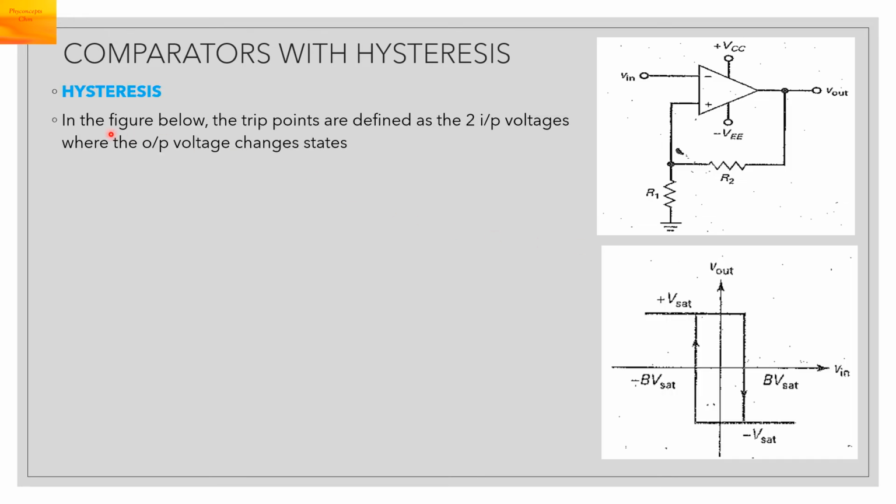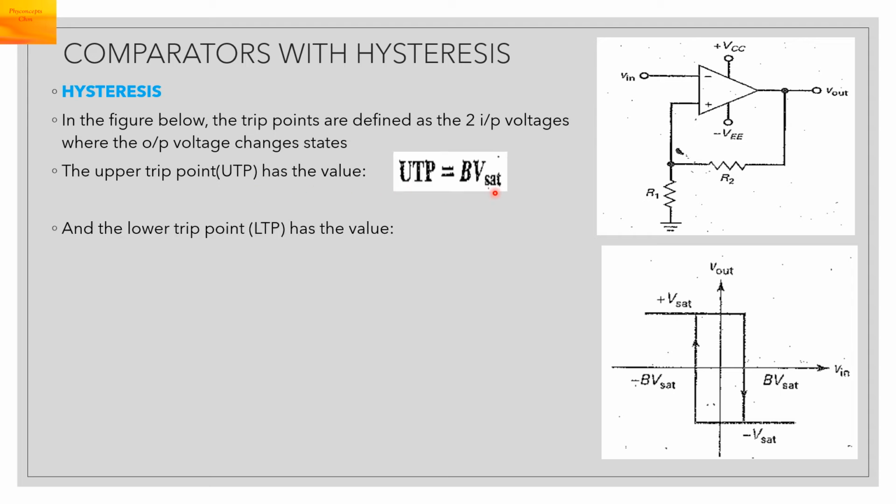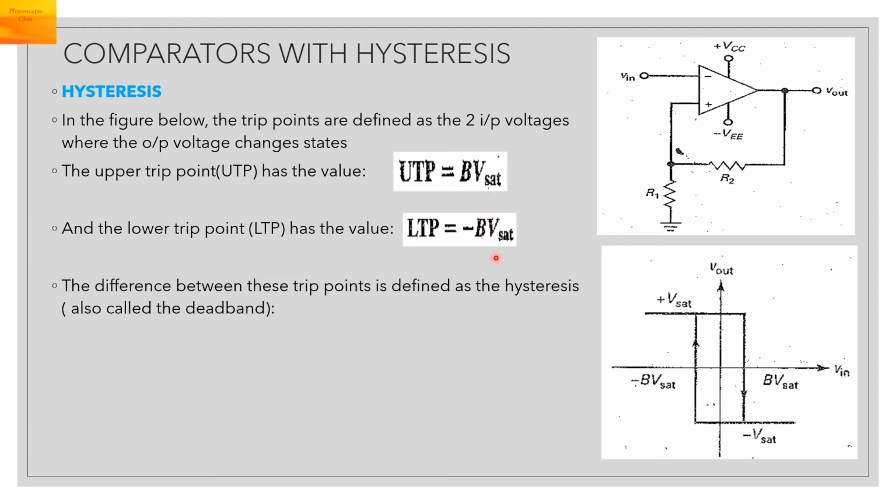So hysteresis. In this figure, the trip points are defined as the two input voltages where the output is changing. The upper trip point, which we will denote as UTP, has a value of plus BVsat, and the lower trip point is given as minus BVsat. The difference between these trip points is defined as the hysteresis.